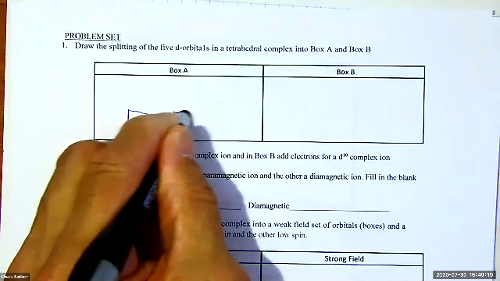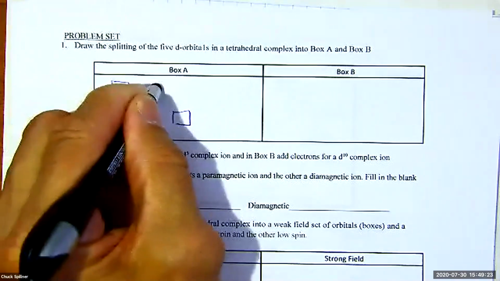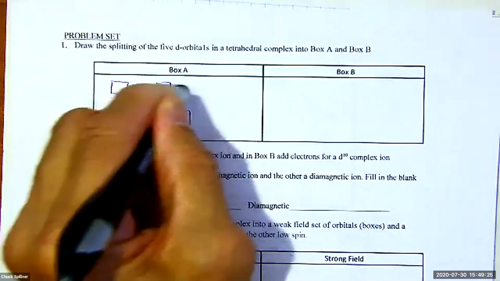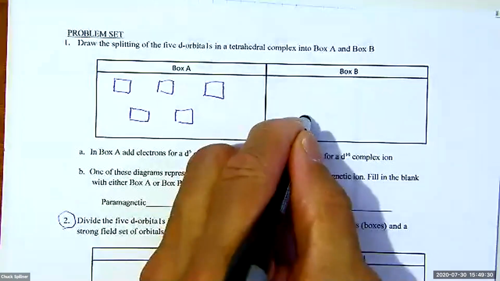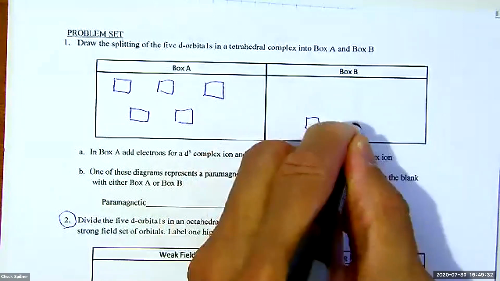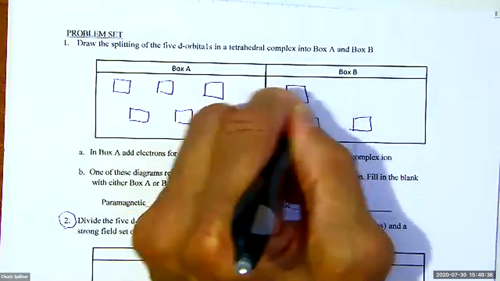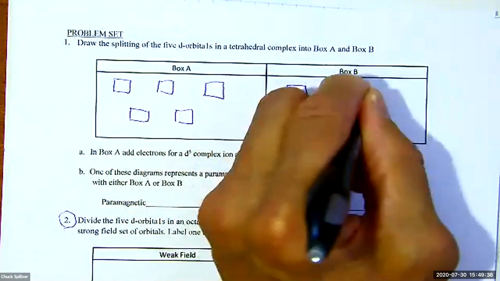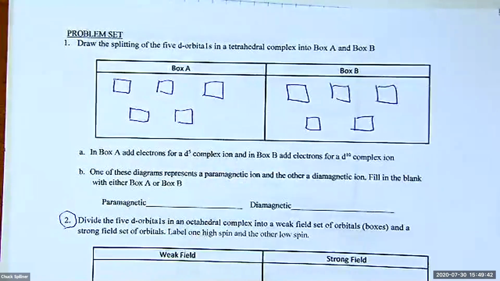And if you need to refer to what the splitting looks like, you can always look on the front page because I've got the splitting patterns there. So it just says to draw these here. So I'm going to draw them. So that's the first task, be able to draw those.